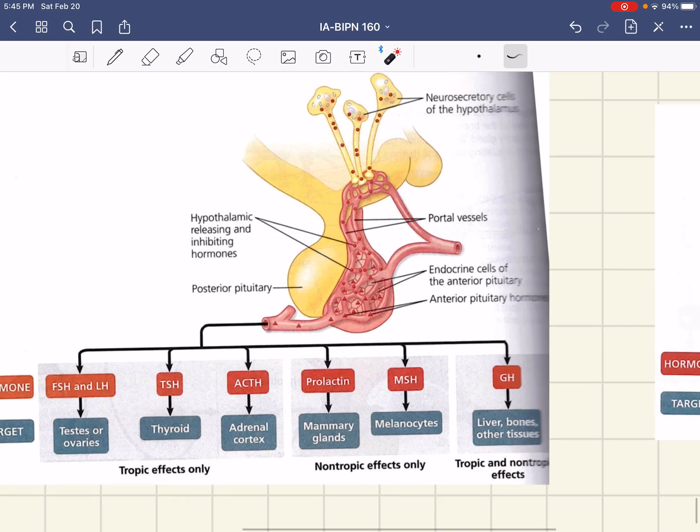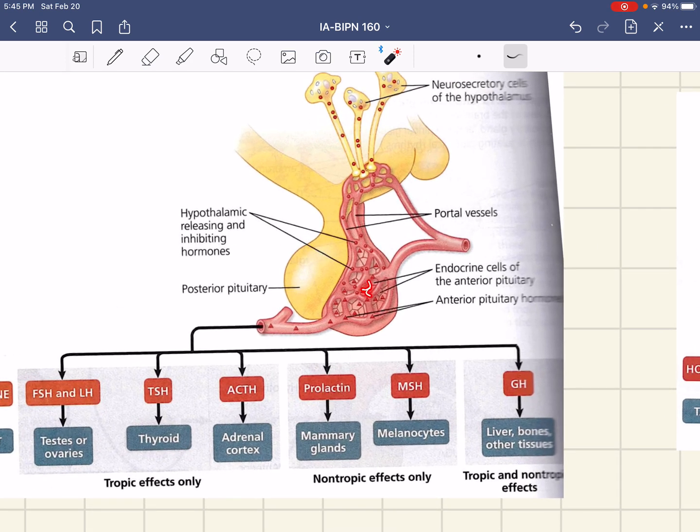And you see these cells in the anterior pituitary? These cells contain receptors for those stimulating hormones. And those stimulating hormones will activate different cells in the pituitary, and those different cells will be releasing other hormones that will be placed into the portal again, and now they will travel through this portal out into the body.